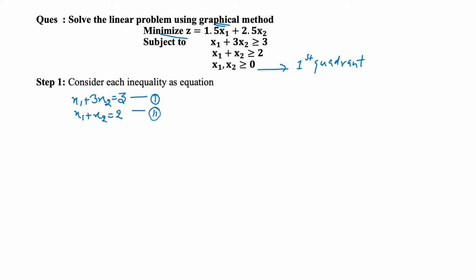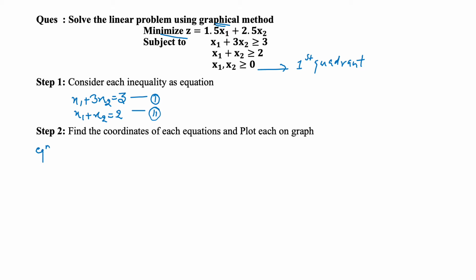Now the next step is to find the coordinates of both the equations and plot them on a graph. Since my first equation is x1 plus 3x2 equals 3, now put x1 equals 0. If I put x1 equals 0 in this equation, what will I get? I will get x2 equals 1.